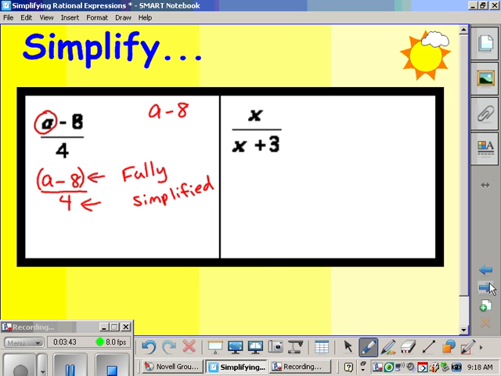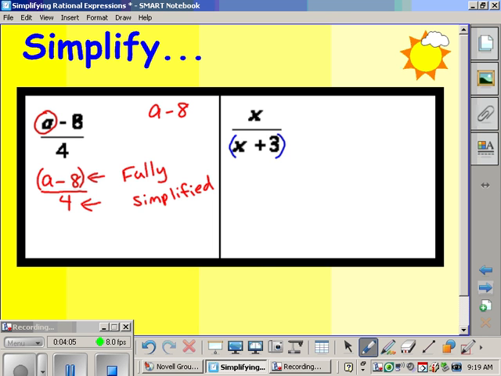The same thing is true with this second problem. Although it looks like we could just cross out those x's, we cannot, because we can't do that unless the denominator was a monomial. And I'm going to go ahead and put parentheses around it to show you. First of all, if you tried to factor out a GCF of x and 3, there would be none. So you can't do any factoring.